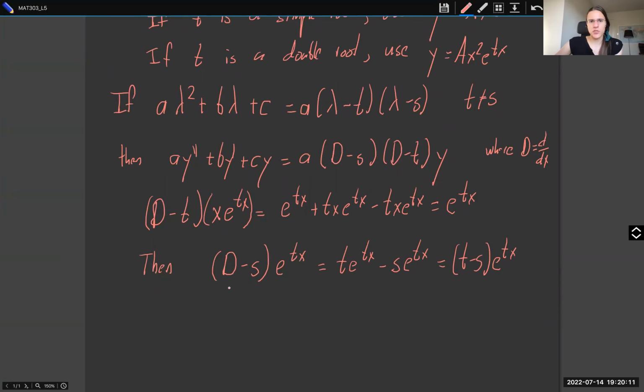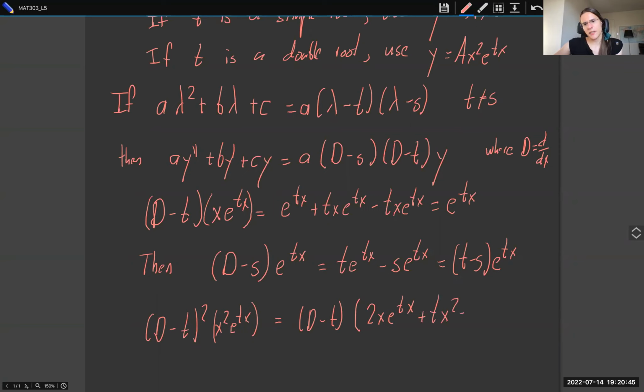And in the case of a double root, well, (D minus t) squared applied to x squared e^(tx), you can verify what this gives, so let's just do it. This is D minus t of, when we differentiate, 2x e^(tx) plus t x squared e^(tx) minus t x squared e^(tx).